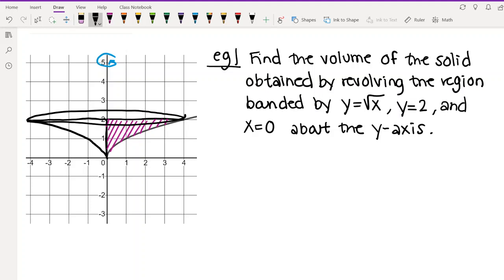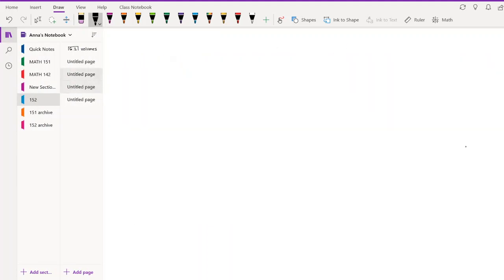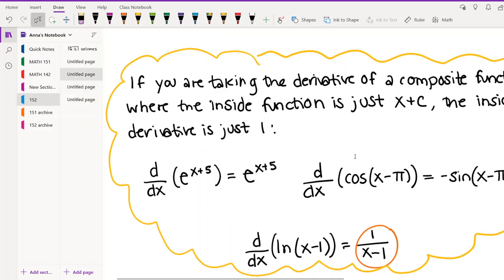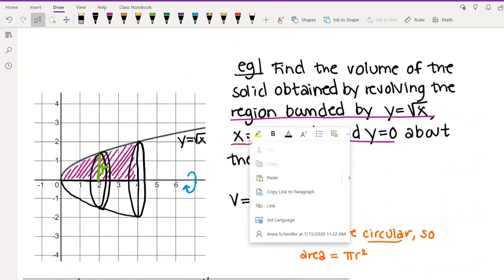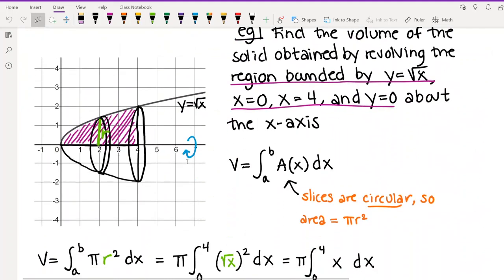Okay, so why are we going to need to do things differently in this case? If you think about why we were integrating with respect to x in these earlier cases, maybe this is the easiest illustration. It was because the thickness of this slice was delta x, or actually, let me just say dx.